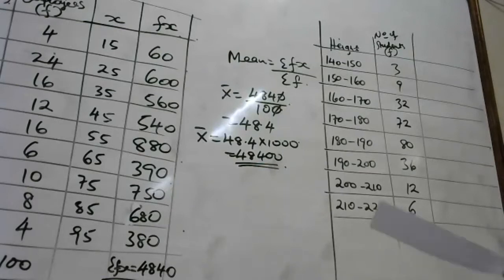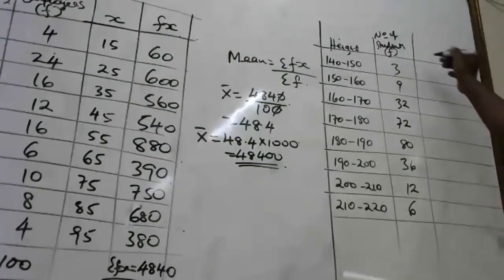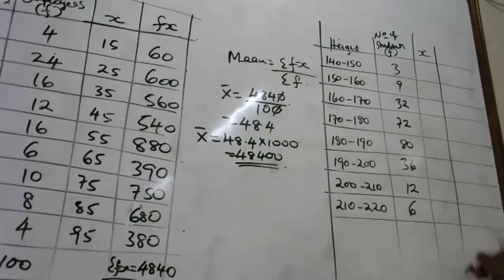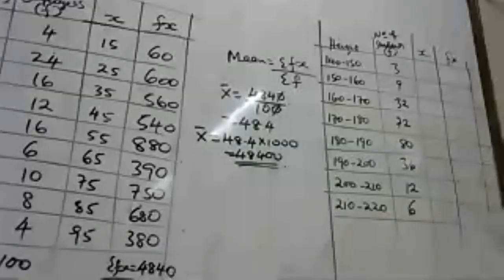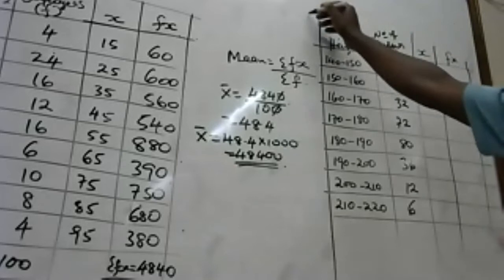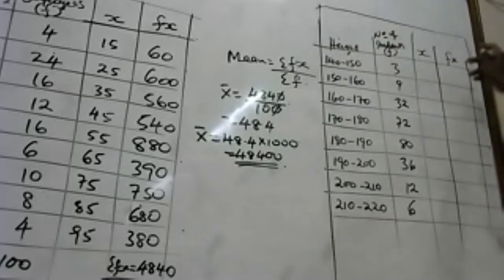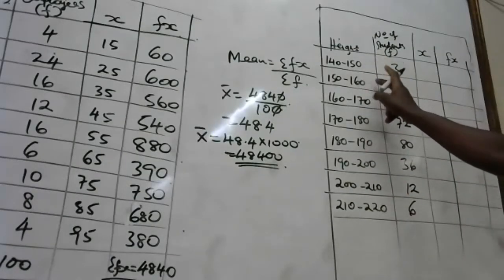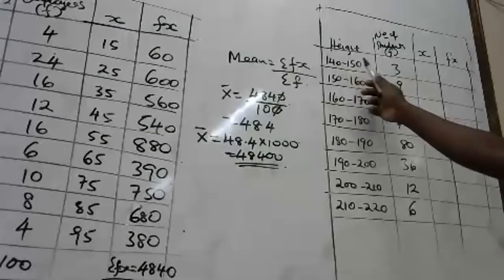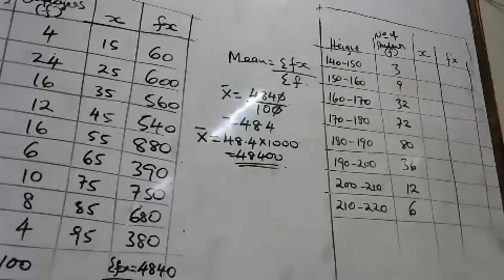If you are calculating the mean height, then you need to get the x, and you also need to get your fx. Those two are a must. There's no way you can get the mean for grouped data without introducing those two columns. The x is simply the midpoints of these classes: this plus this divided by 2.